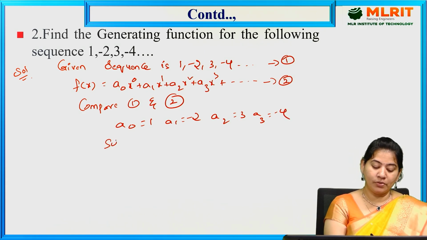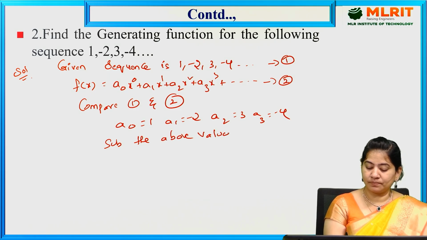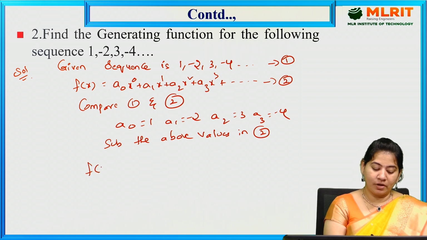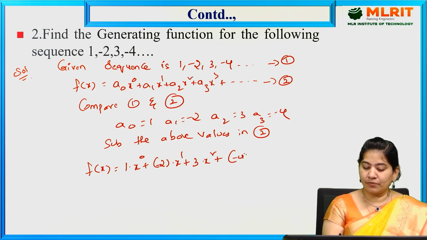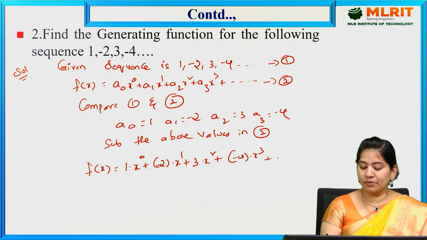Now substitute the above values in equation 2. So then you will get f of x is equal to 1 into x naught plus minus 2 into x power 1 plus 3 into x power 2 minus 4 into x cube plus and so on.